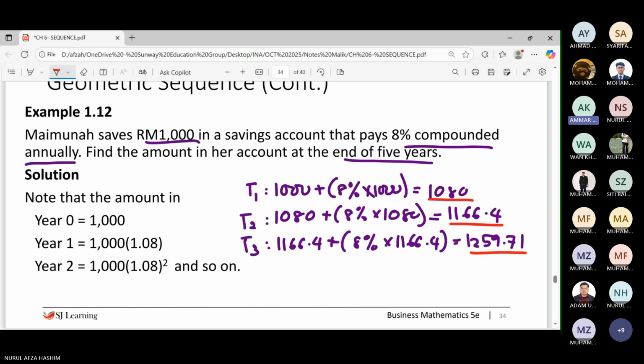Apa minus soalan dia? Awak punya sequence sekarang ni is 1080 first term. Second term is 1166 and then the third term is 1259. So check this sequence.